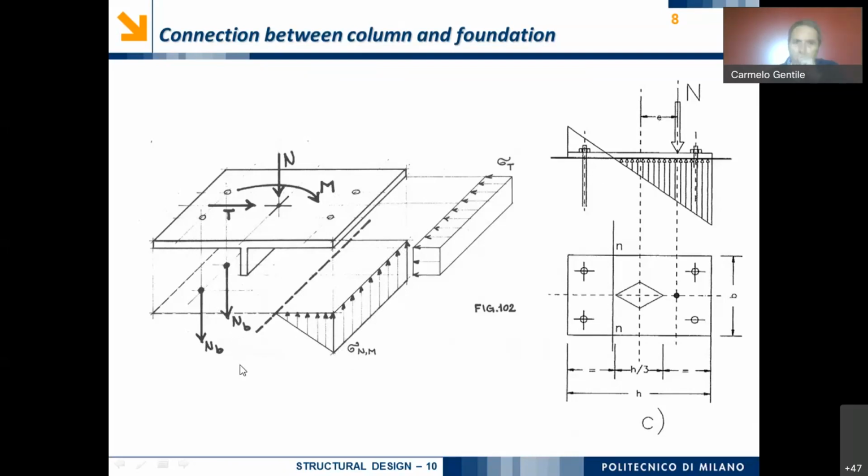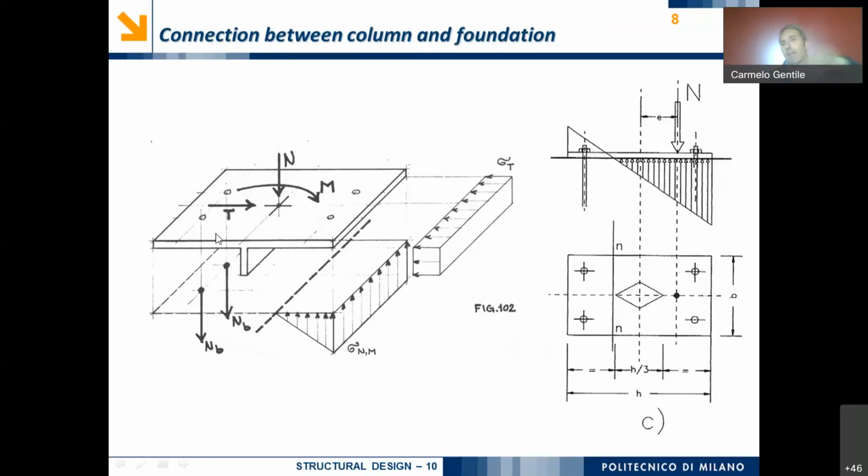two tension forces in the bolts. And so if we look at the right hand side of the horizontal plate, it behaves basically as a cantilever beam under the action of this triangular shape of pressures.